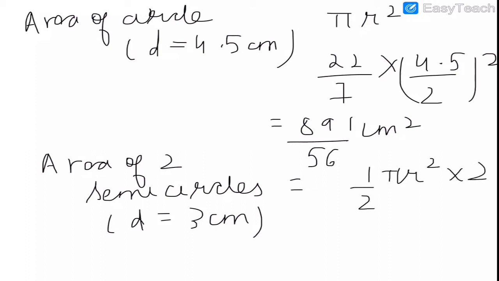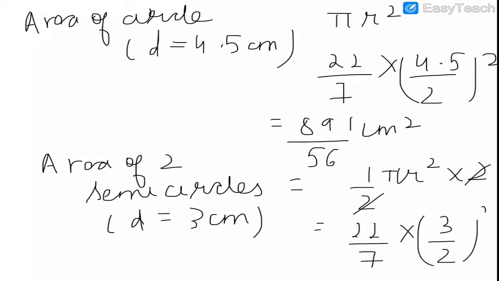So into 2 to calculate the area of two semicircles. This goes off 22/7. Radius will be 3/2 whole square. That makes it 99/14 centimeter square.